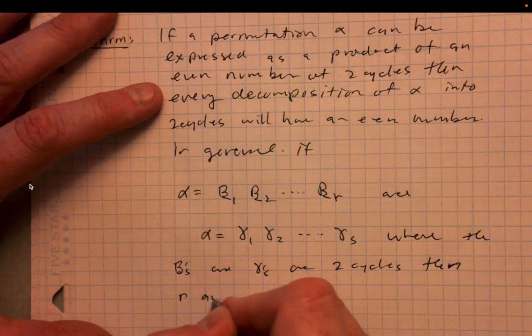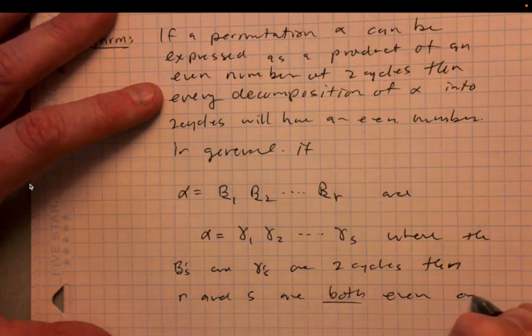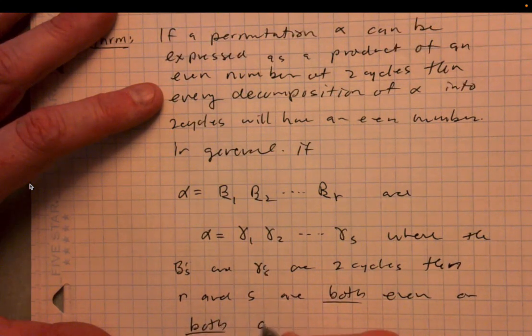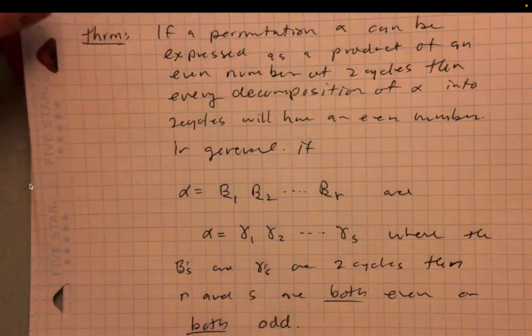And so this is where we get the idea of an even permutation or an odd permutation. All right? So let's see some examples of how this works.